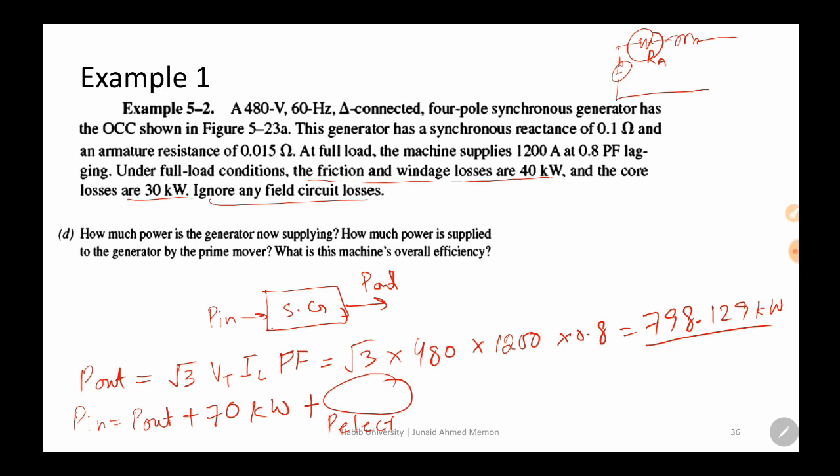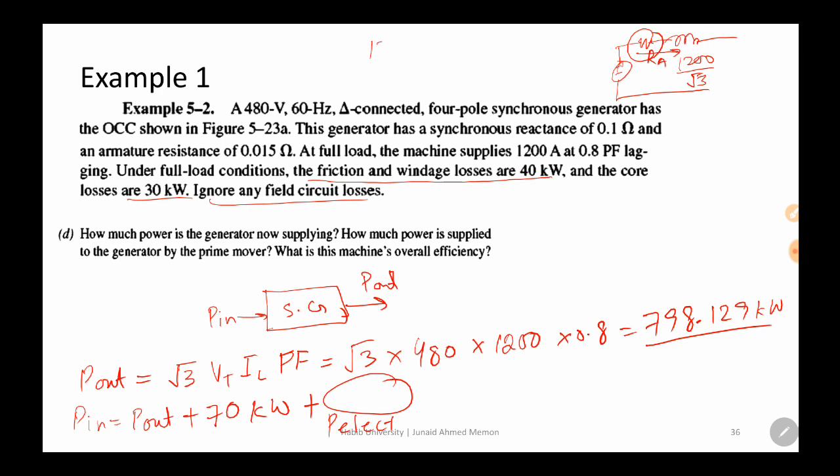So the current going through this branch is 1200 divided by root 3, which is the per phase current. That squared times RA will give you the losses.